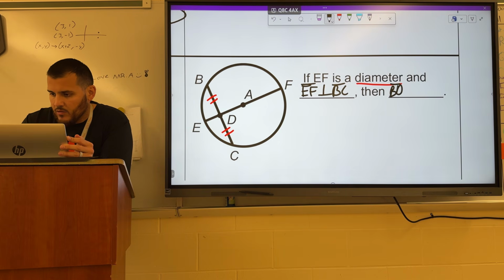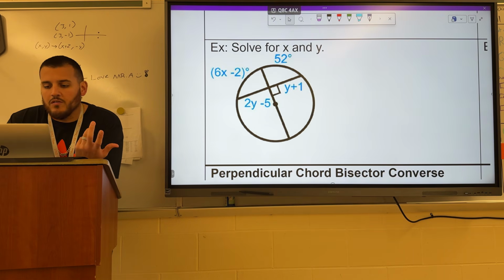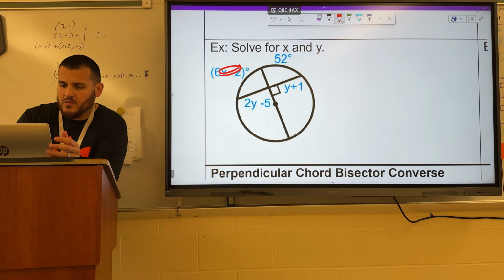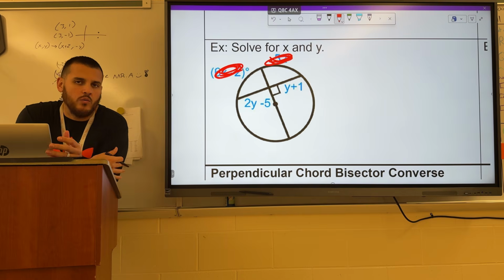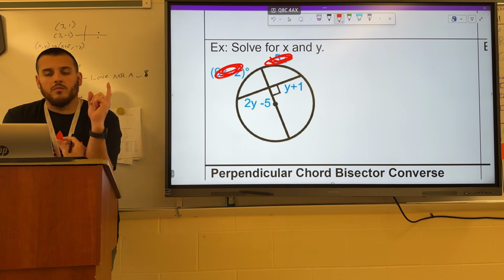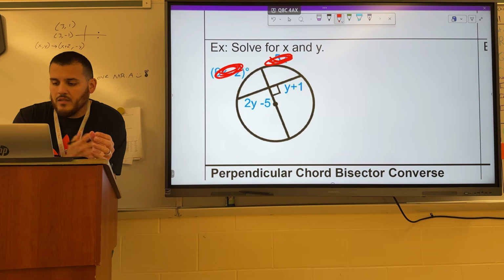So BD would have to then be congruent to DC. We can now use this theorem to solve for the measurements of x and y here. I'm actually going to ignore the x's here because this portion of Unit 10, we're solely going to be focused on segment measures only.